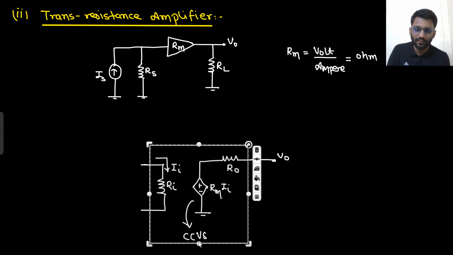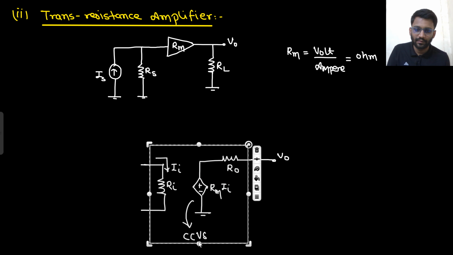So let's write down the final V naught voltage. V naught voltage will be Rm, the gain of the amplifier, and then RL upon RL plus R naught, and Iin. What is Iin? Iin is Rs upon Rs plus Ri into Is.